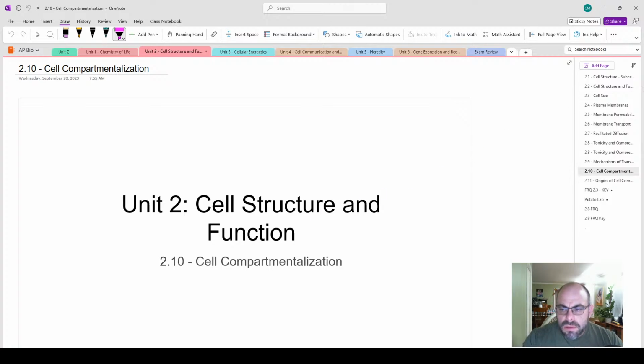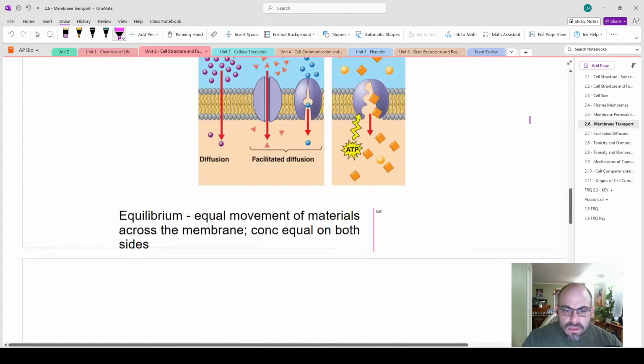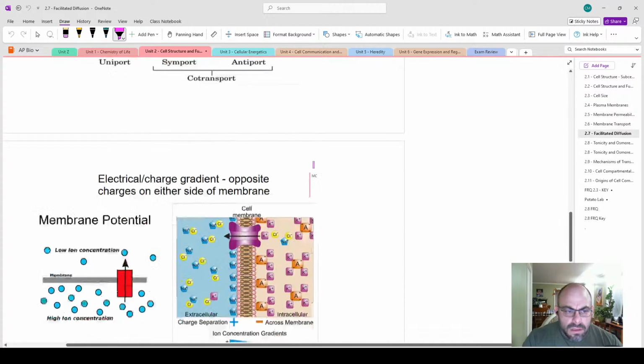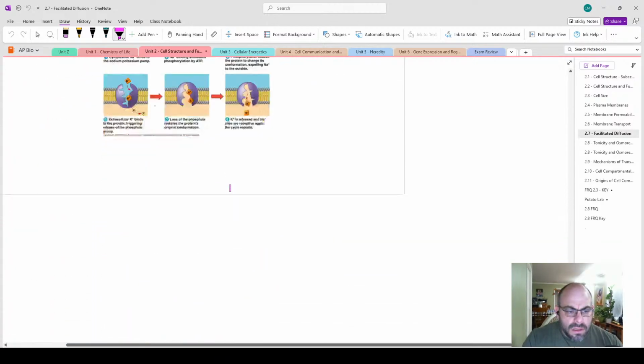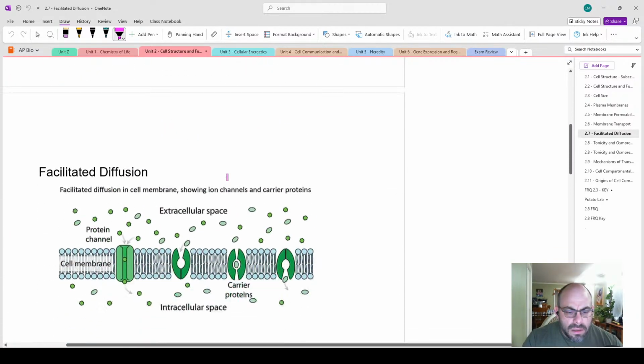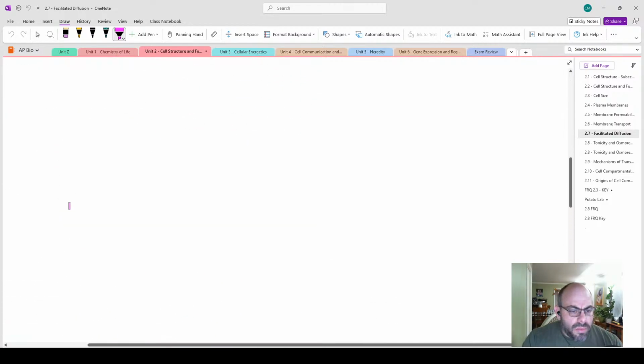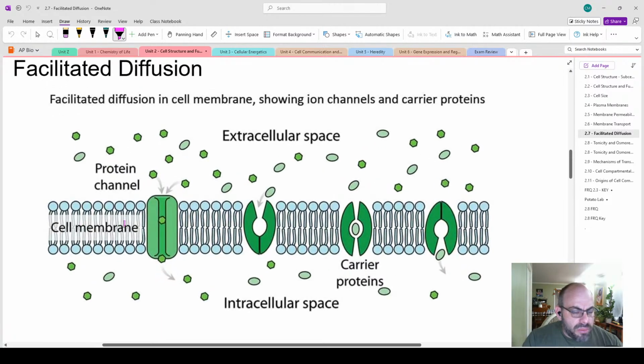Aquaporins. An aquaporin is a fancy protein channel that just does water. That's it. It just has a name.